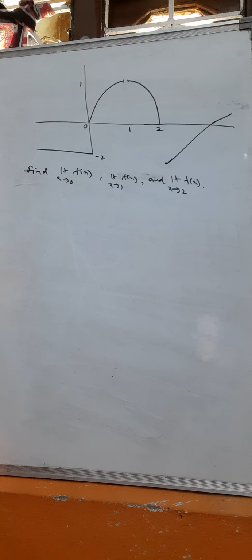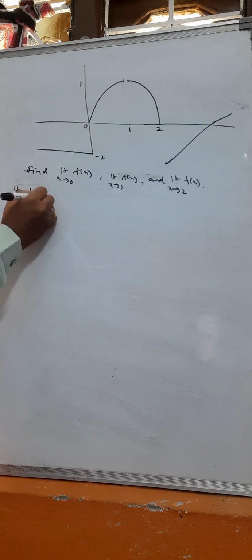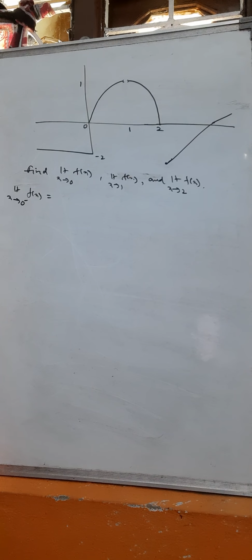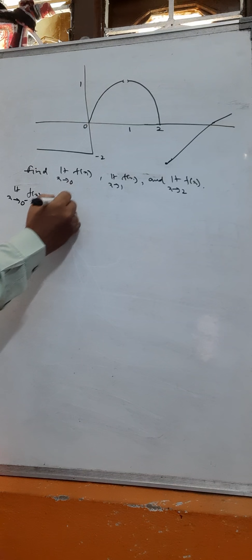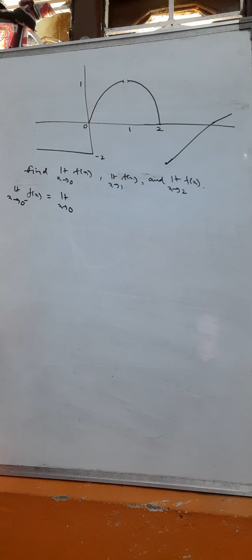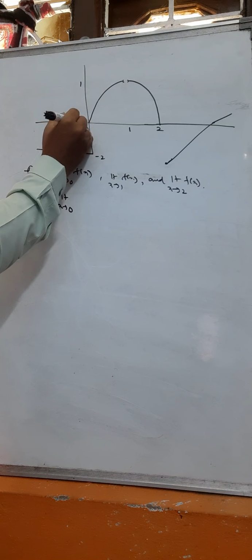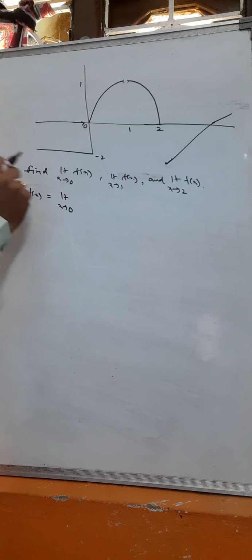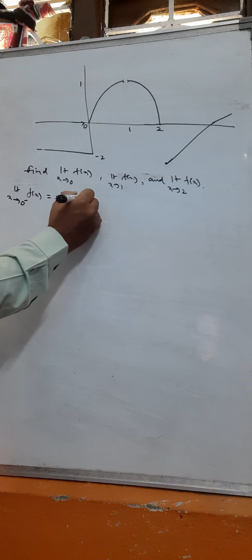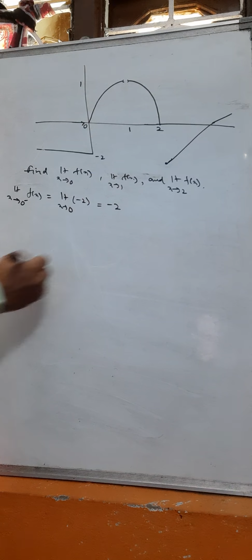Now let me see limit x tends to 0 minus f of x, that is LHL. 0 minus means approaching from the left side. So you see approaching x from the left side, the function approaches minus 2. So it is minus 2.